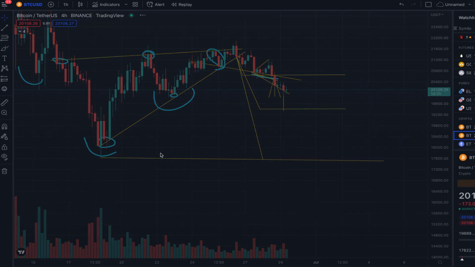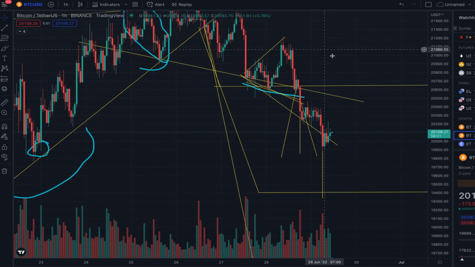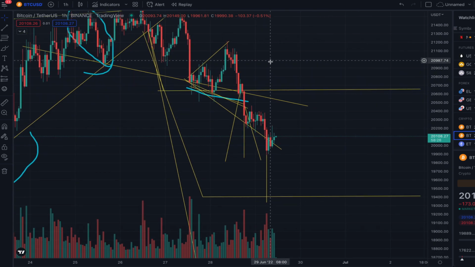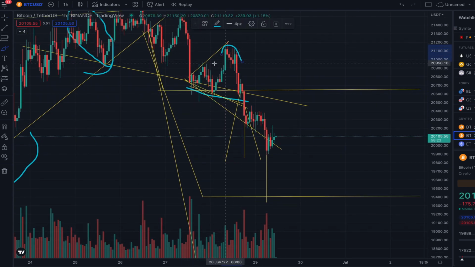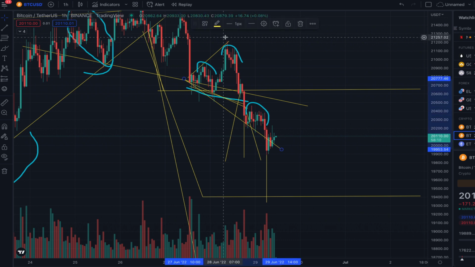Now if we go to the 1 hourly time frame here, we will see that Bitcoin is yet again showing us a head and shoulders pattern here. So this is the head and shoulders pattern here, and this that I've drawn here is the neckline of this head and shoulders pattern.